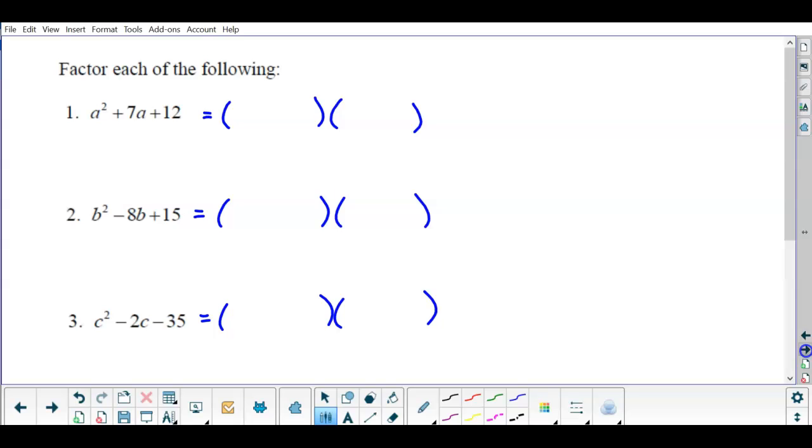So in this case, if they're simple trinomials, the variables go in the first position, and then you're looking at the constant term, 2 numbers that multiply to 12 and add to 7. So you go through your factors, 1 and 12, nope. 2 and 6, nope. 3 and 4, yeah.